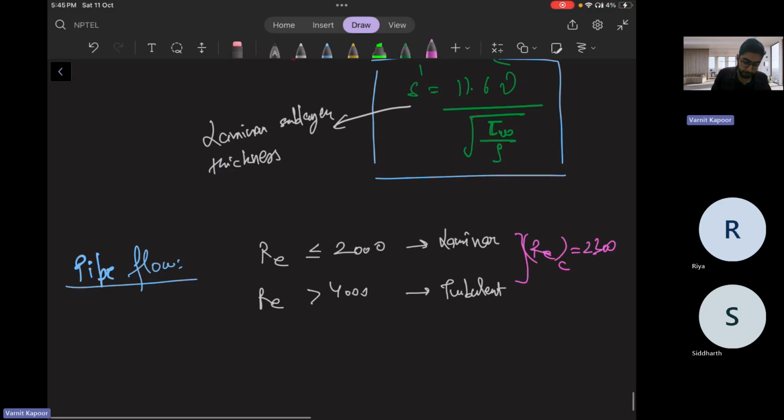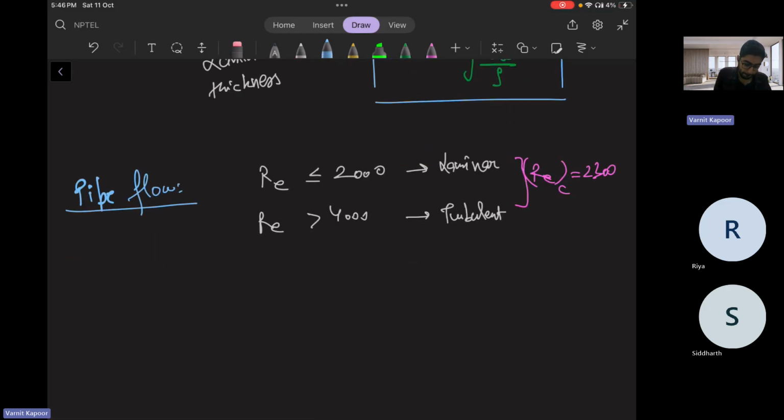For open channel flow, what do I mean by this? So this is a pipe flow. Okay, the flow happened completely.